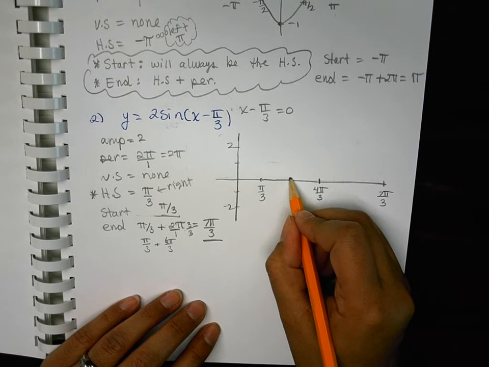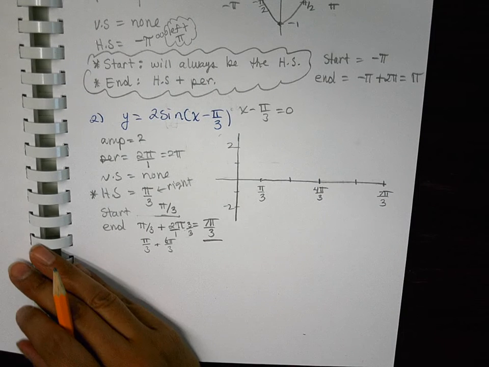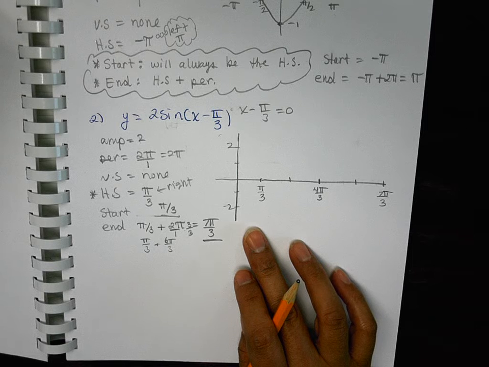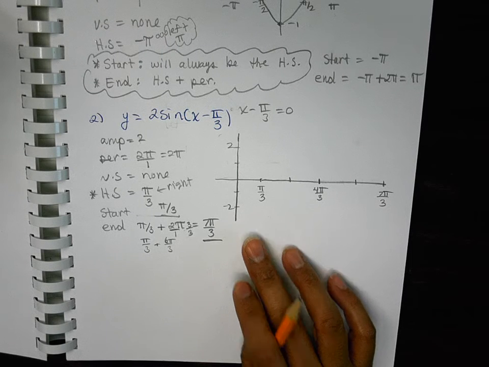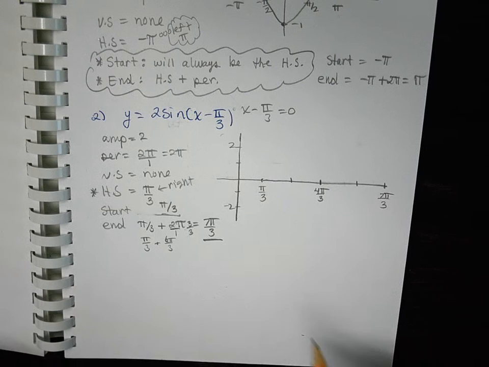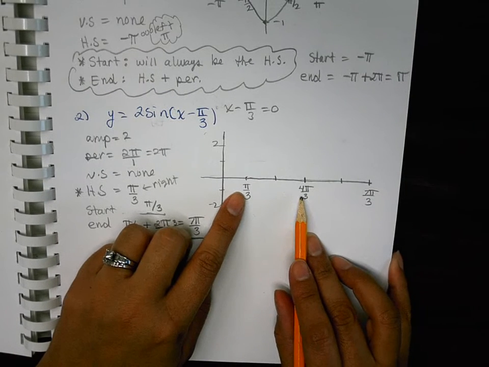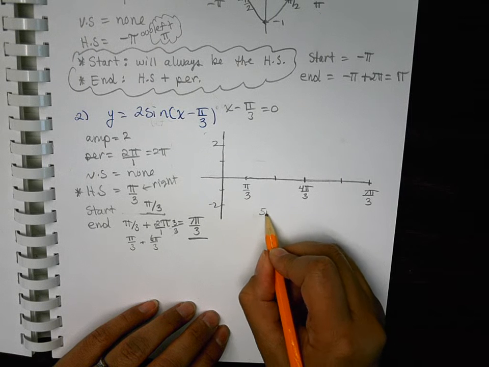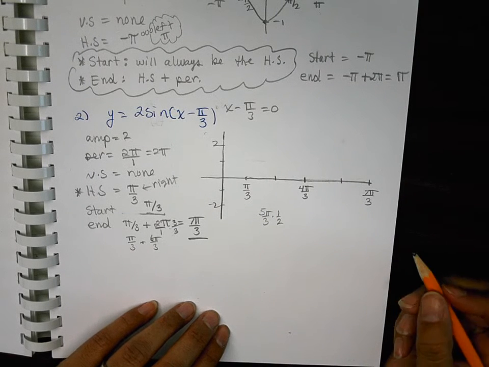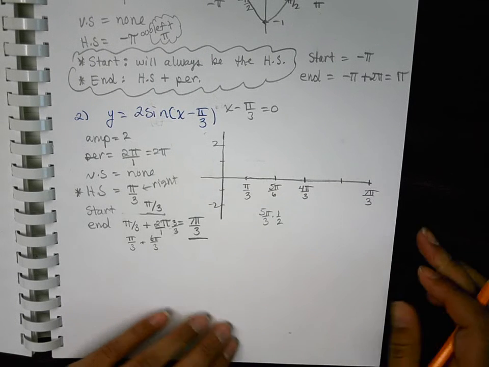Now if you don't like the decimals we're about to get, you can multiply. So what's 4 plus 1? 5. So I'm going to show you the multiplying way. 5 pi over 3 times 1/2 is what? 5 pi over 6.